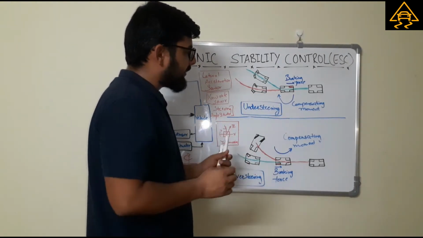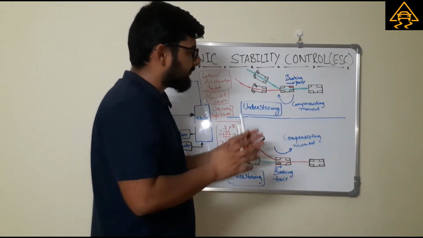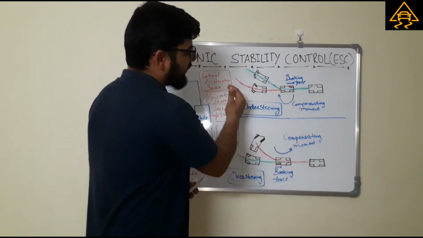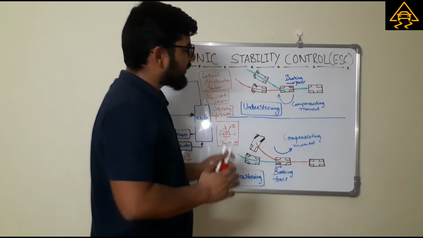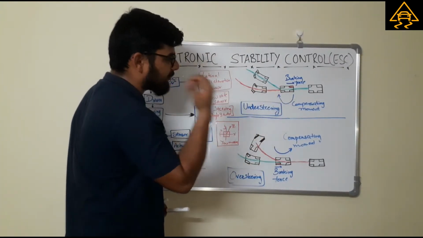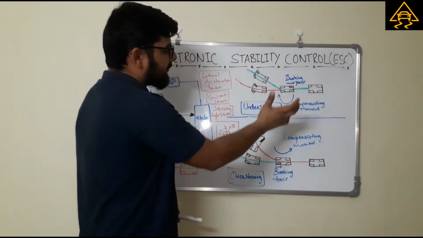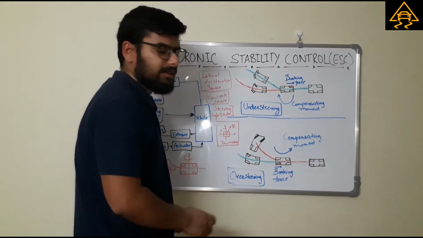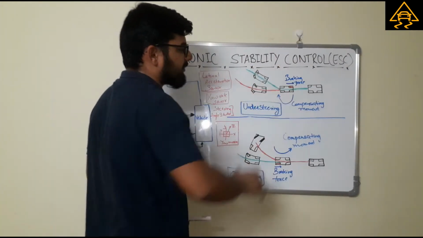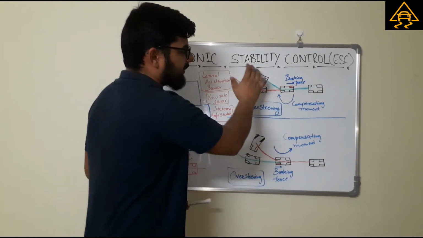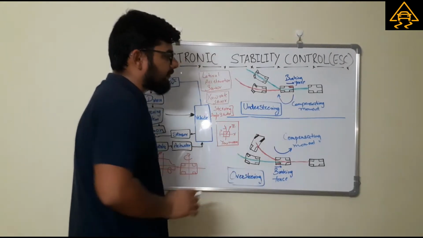When we turn our steering wheel to some degree and the vehicle does not respond accordingly, it is still going straight or going less than the intended path. The red path over here is the path it will follow if the electronic stability control system is not acting. But when the ESC system acts, it follows the green path, which is the path it should follow.